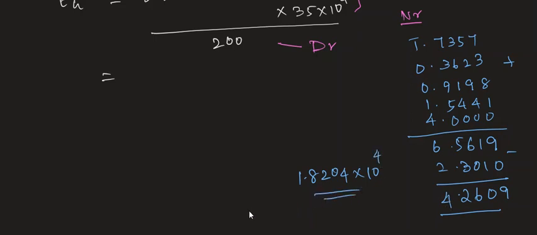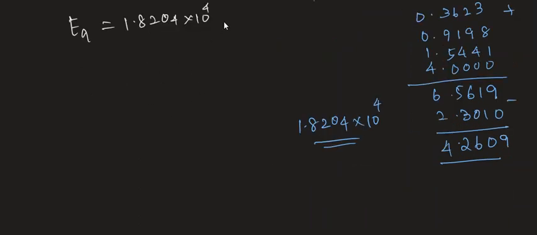This is the way you have to write it down. So the EA value is, therefore, EA, energy of activation, is equal to 1.8204 into 10 power 4. Energy of activation is in joule.